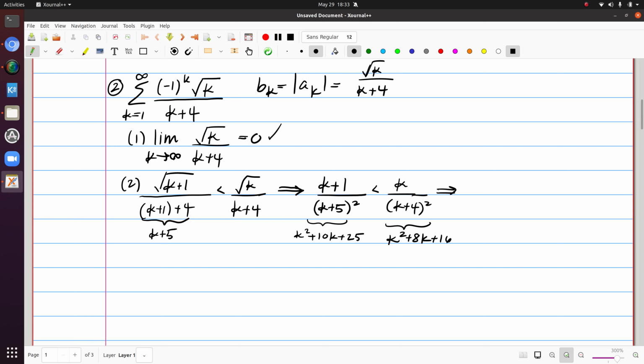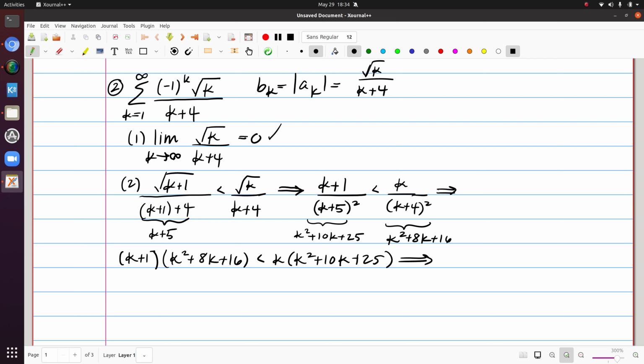Having k on top and bottom is making it hard to compare this, so we could then cross multiply and check that k plus 1 times k squared plus 8k plus 16 is smaller than k times k squared plus 10k plus 25. So we no longer have this rational expression.